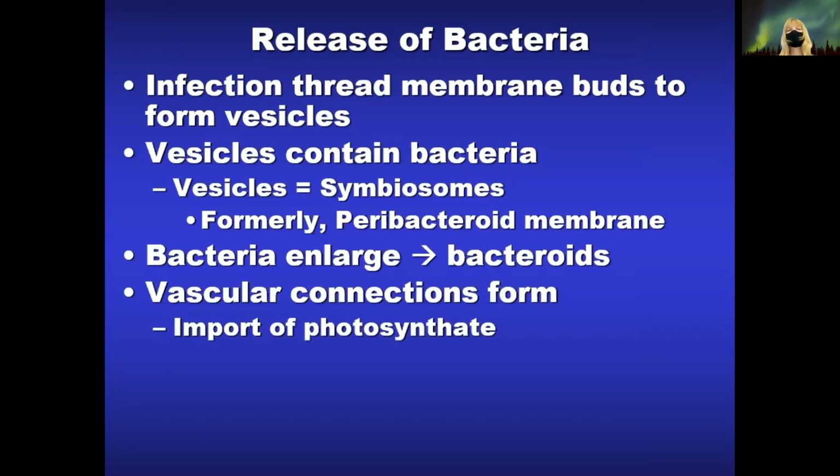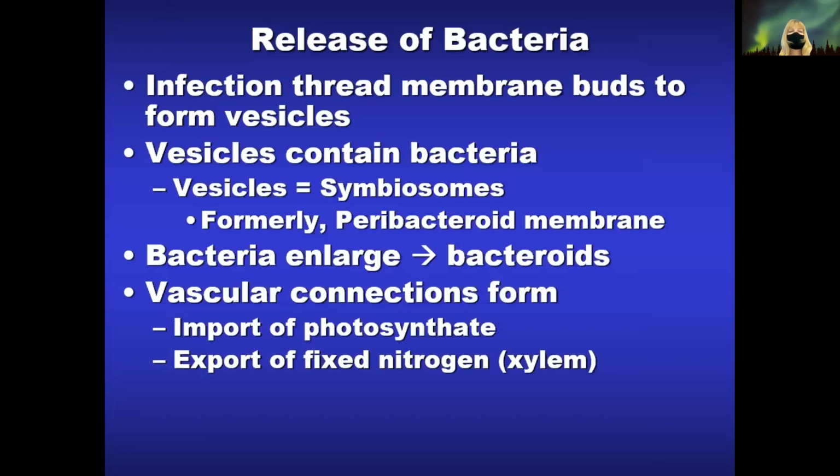Imported photosynthate is the fancy way to say that the bacteria are getting fed sugars primarily by the plant, and in return the bacteria will give a good chunk of the fixed nitrogen to the plant. They'll keep a little for themselves, but the bulk will go to the plant, and they think it's primarily through xylem movement that the fixed nitrogen gets to different parts of the plant body.